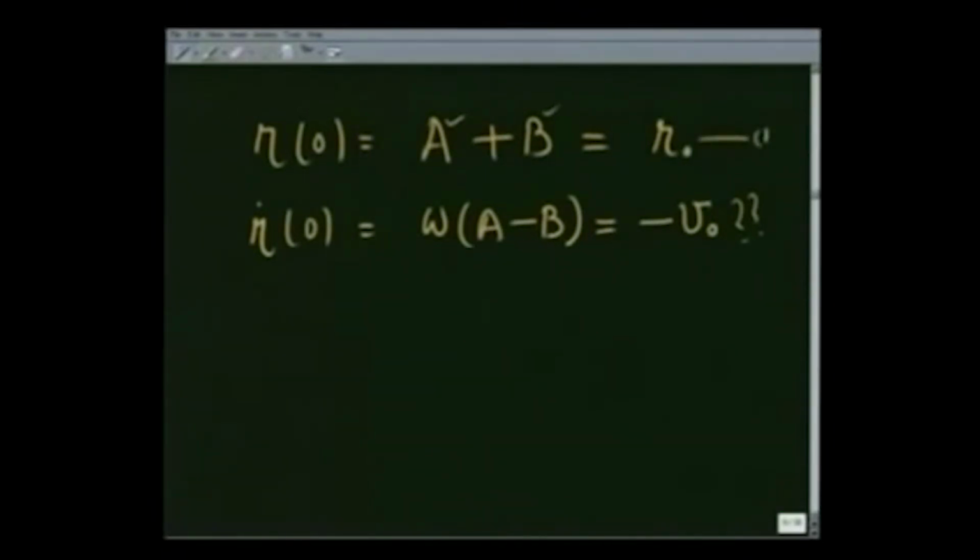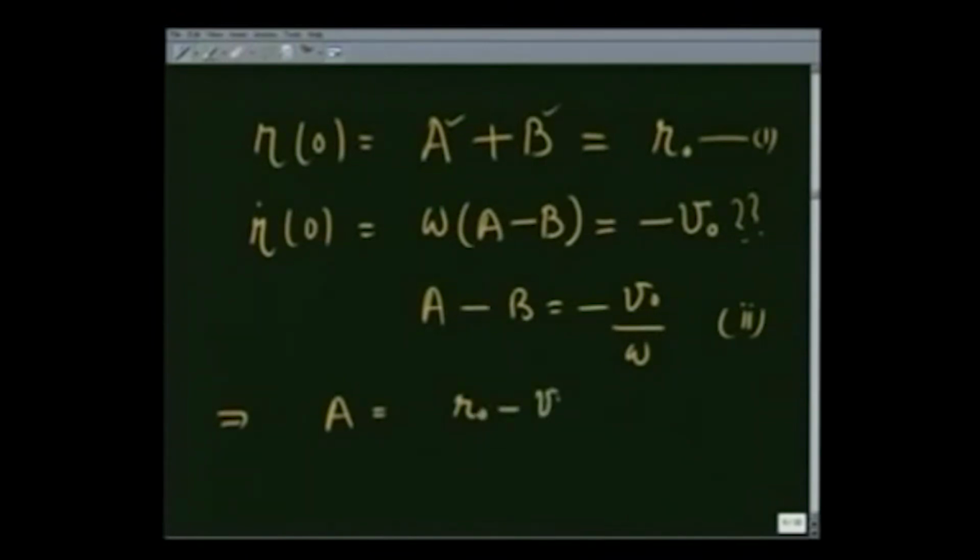This is my equation number 1. Equation number 2 becomes a minus b is equal to minus v 0 over omega. This gives me a equal to r 0 minus v 0 over omega, divided by 2, and b equal to r 0 plus v 0 over omega, divided by 2.